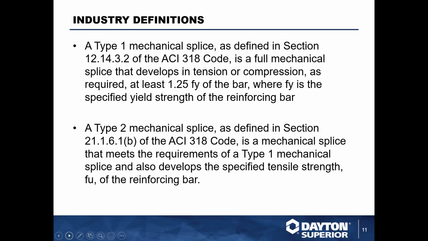Rebar typically has a tensile strength of roughly 1.5 times its design load. So if the physical yield of the reinforcing bar was 60,000, the ultimate load would be 90,000.